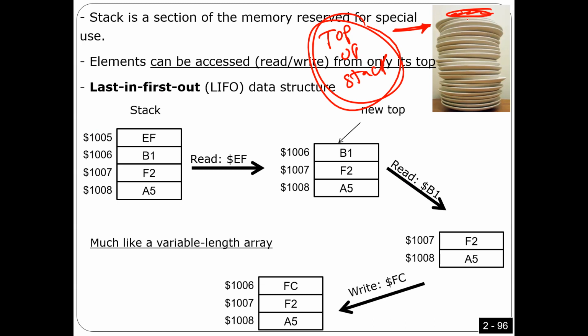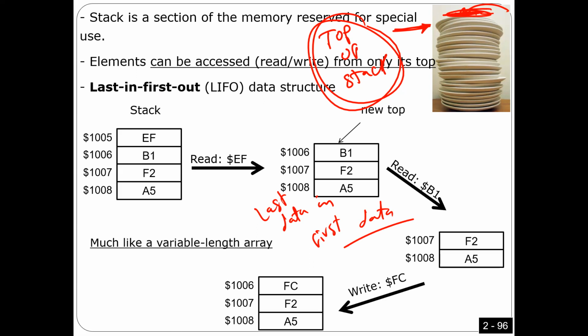If I want to read, I have to read from this location, similar to taking or putting a plate. Also, you can see how last data in is actually first data out, because the last plate I put here is actually the first plate I'm going to get.